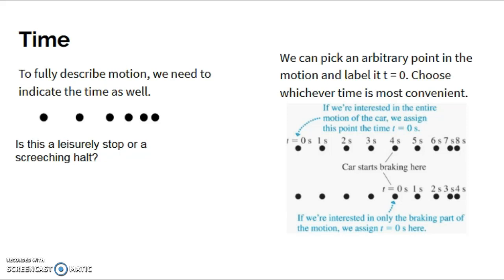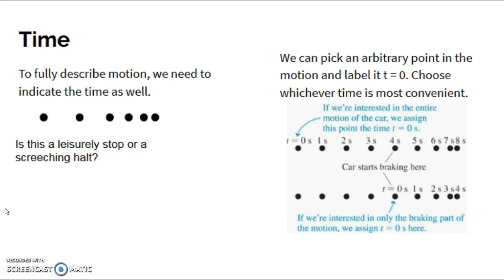So if we were plotting the time, just remember with dot diagrams, each dot is the same time interval apart, right? So looking to the right here, if we have an object that is moving to the right, we see at time equals 0 where it's located, and the next moment in time is at 1 second, and then 2 seconds, and so on and so forth until 8 seconds.